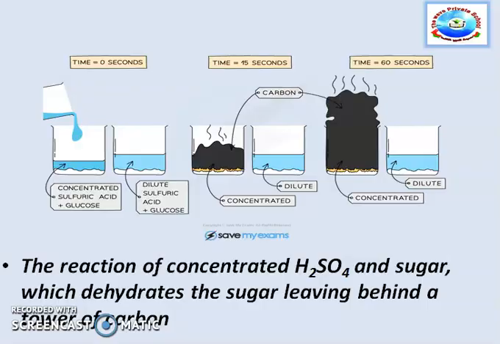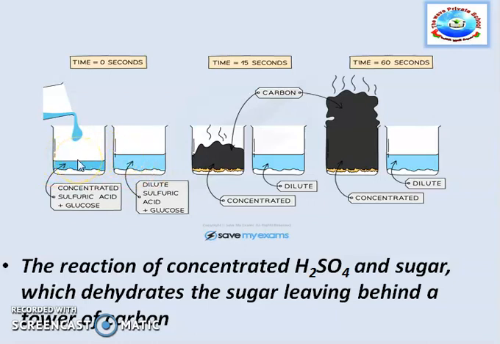Let us see now the reaction of concentrated sulfuric acid and sugar, which dehydrates the sugar, leaving behind a tower of carbon. In this you can see there are two beakers.